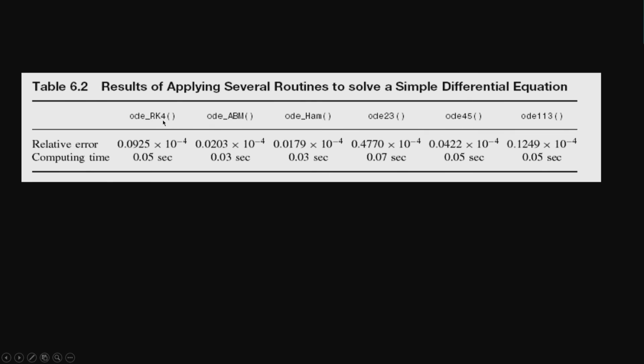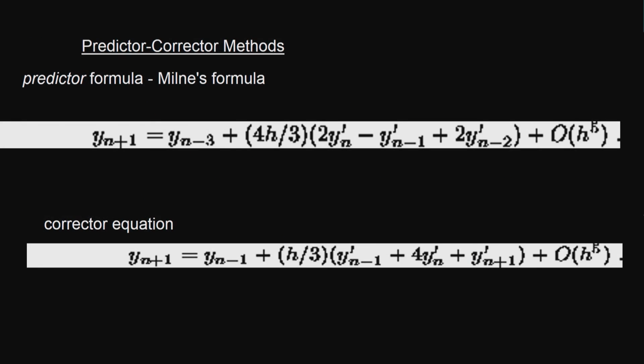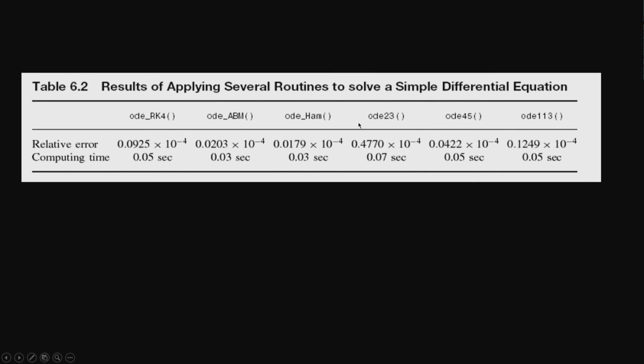As you can see, Runge-Kutta method, Adams-Bashforth, Heun's method, these are the different types of methods used in MATLAB. The computational time you can see is 0.05 seconds, 0.03 seconds, 0.03 seconds and so on. Relative error you can see 0.09, Adams-Bashforth gives 0.02 raised to the power 10 power minus 4, Heun's method 0.0179, then ode23, ode45, ode113 all give these types of errors.